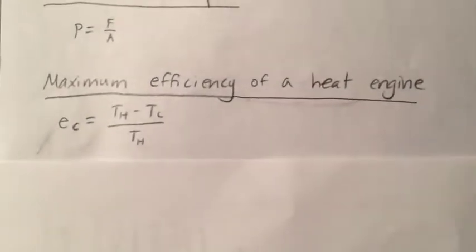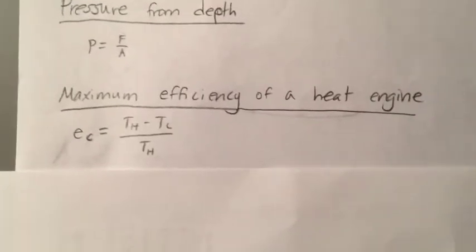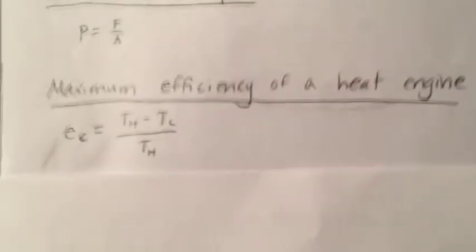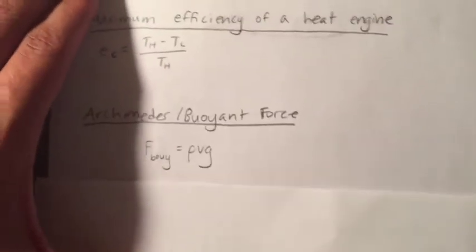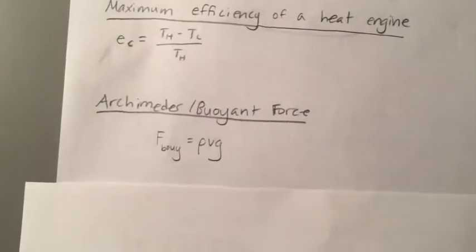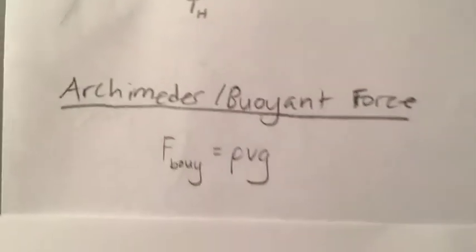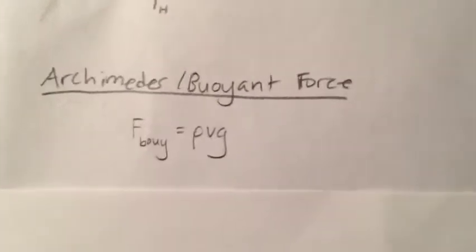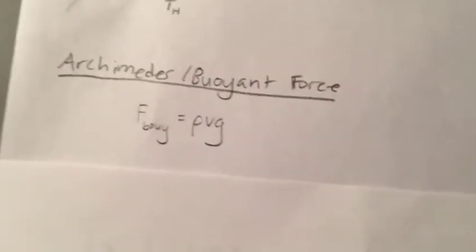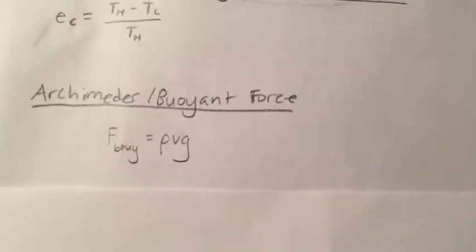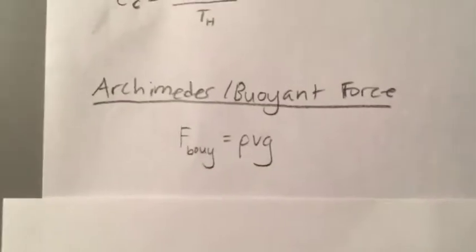Now the maximum efficiency of a heat engine. That equals the hot temperature minus the cold temperature over the hot temperature. Archimedes' buoyant force, or F buoy, equals PVG, and P equals density, and that is kilograms over meters cubed.